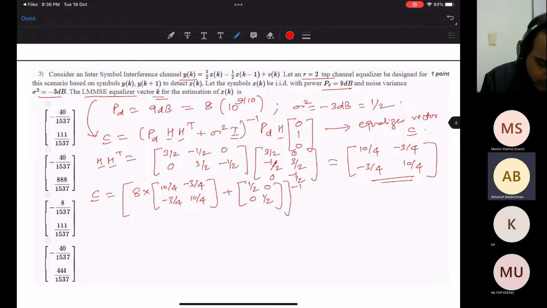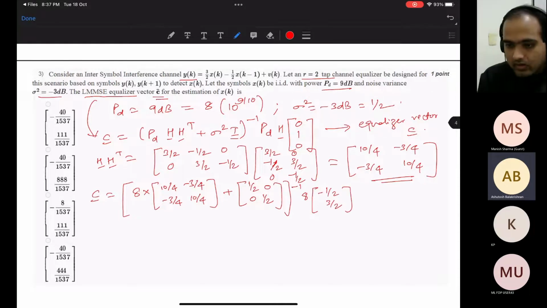And then 8 times PD H. This will come out to be minus 1/2, 3/2, because we are focused on xk, so this is the middle column. 8 times minus half. Now we need to solve this.